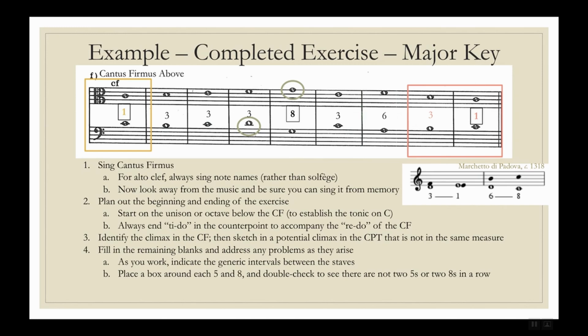There's no 5s, but we have a unison and octave and a unison. I'll play what it sounds like. For all the fifths, check that they're perfect. If one's diminished, you got to change it.